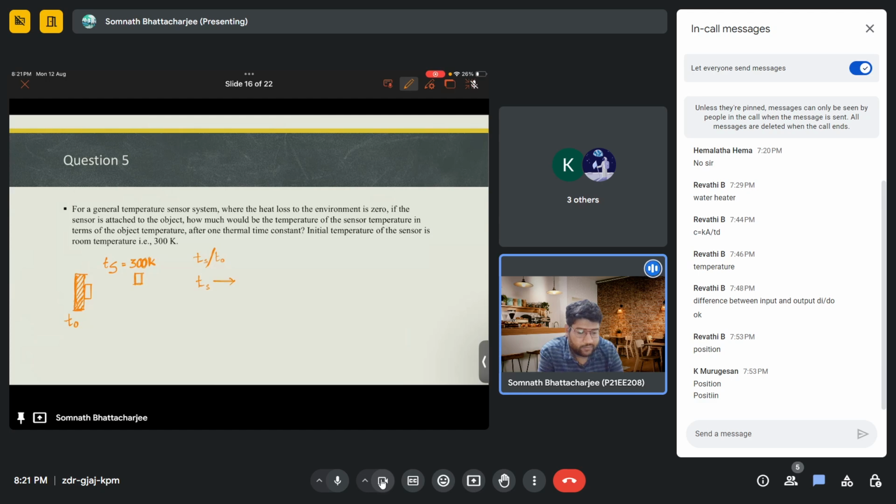There should be a shift from TS to TO. So there should be a change in temperature, let's say TF. There should be a function of this TF.